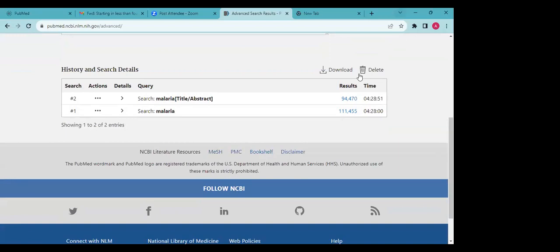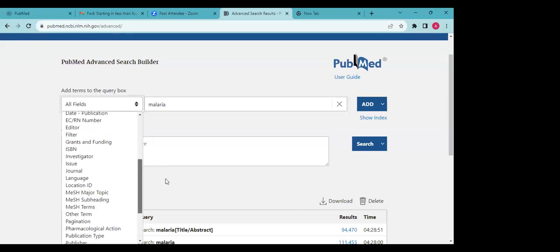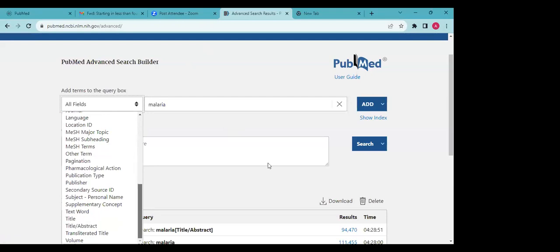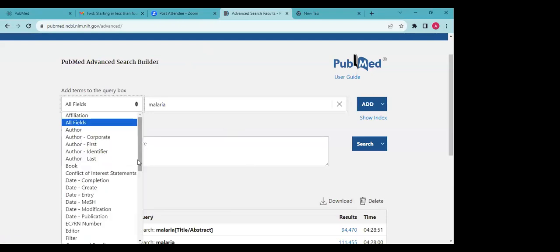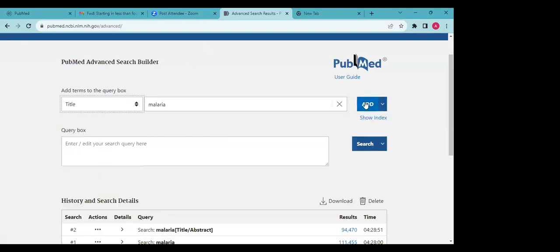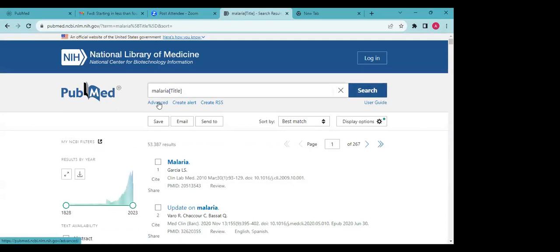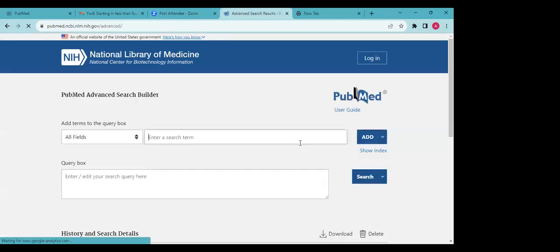Now I want to restrict it just to title only, and we see what we get. So I'm just going to select just title, and then I run the search. And as you can see, it has given me 53,000 studies.